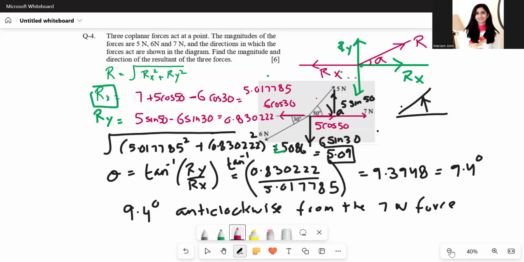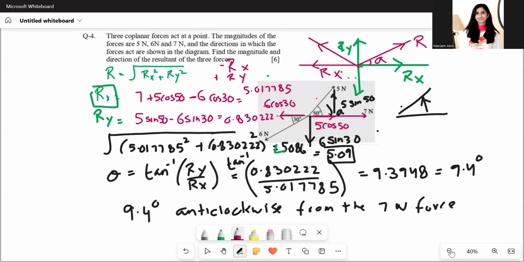For example, had we gotten a negative Rx and a positive Ry, that would have meant that the resultant force is here. Then we would have said that this direction is alpha degrees clockwise from the negative x-axis. So you have to keep this in mind as well.